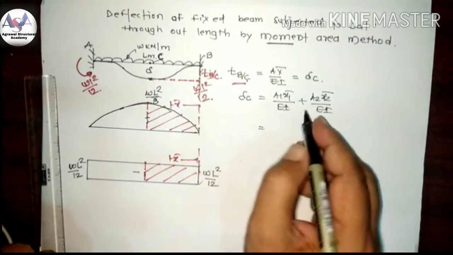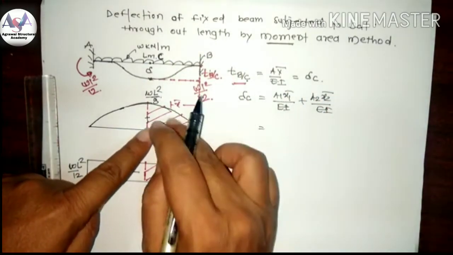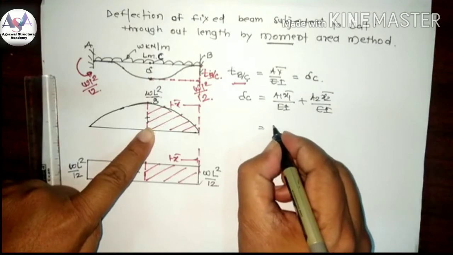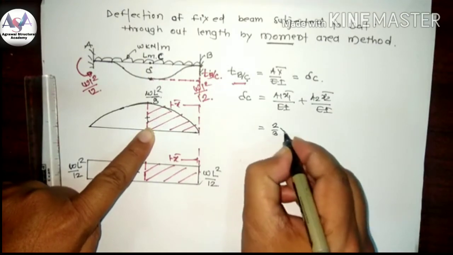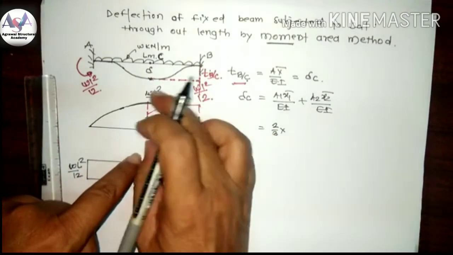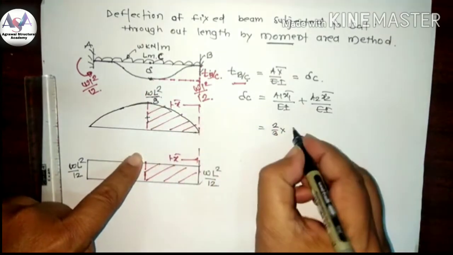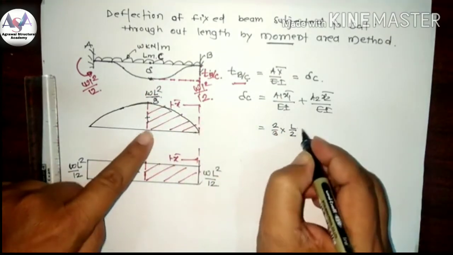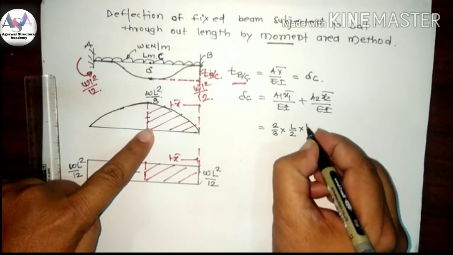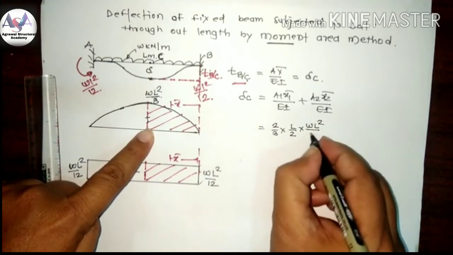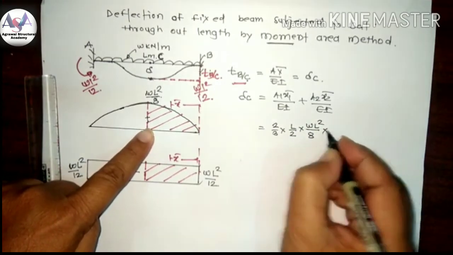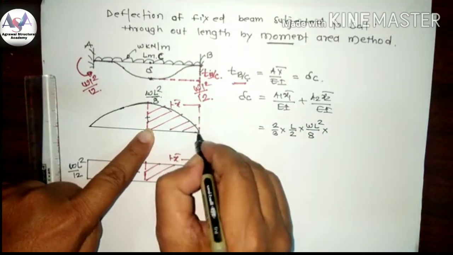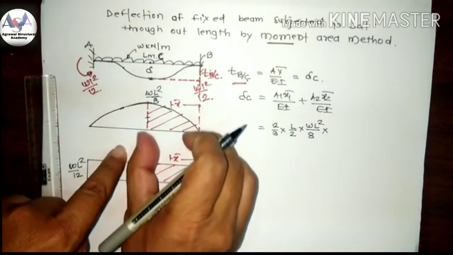So A1 X1 bar: for this we know the formula is 2/3 base into height. 2/3 of base L by 2, into height WL square by 8, into the centroid of this from the apex, which is 5/8 of this distance.